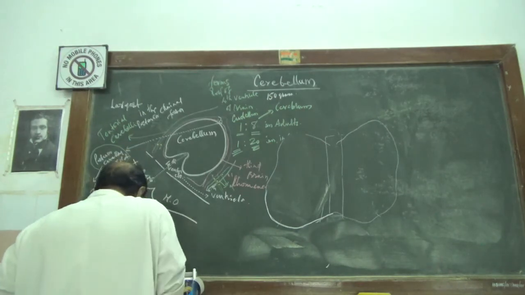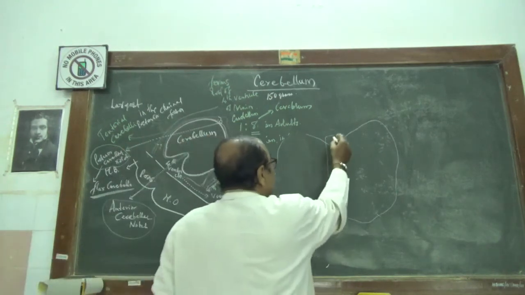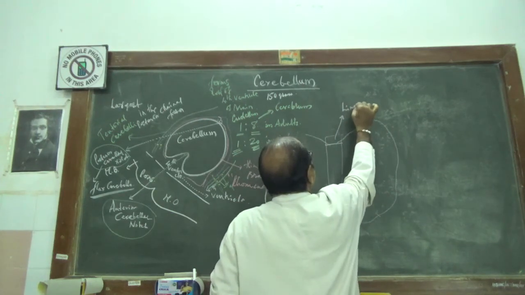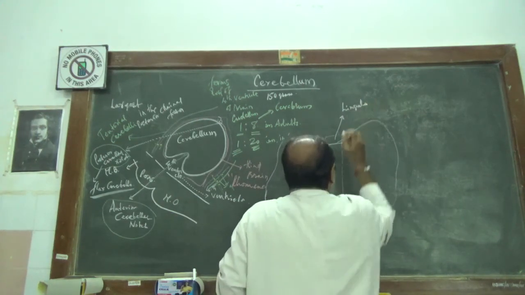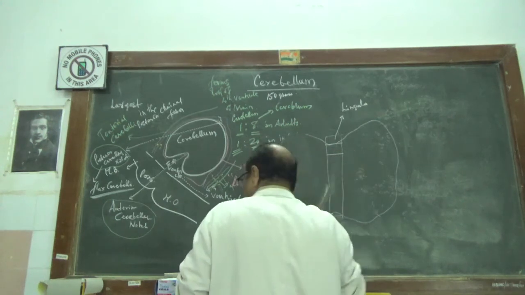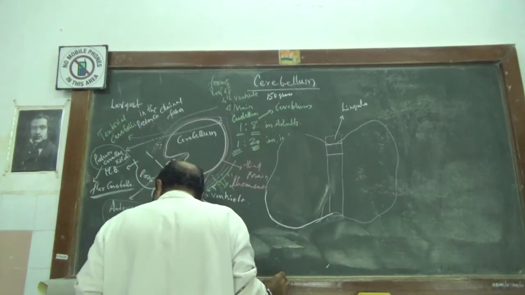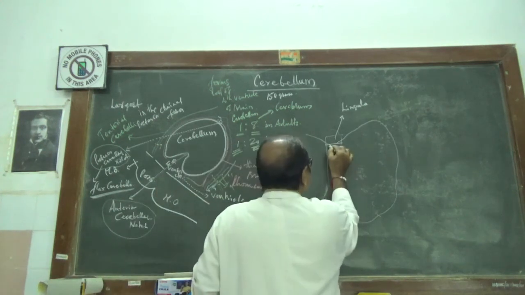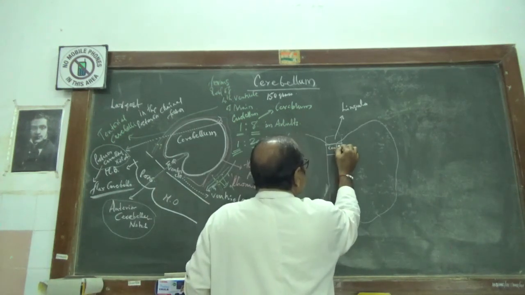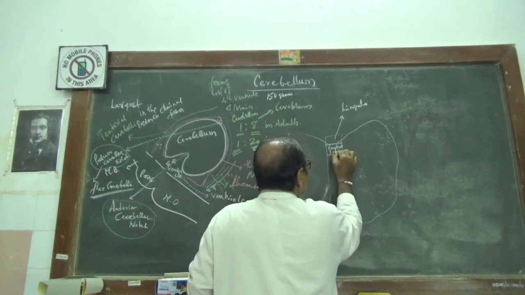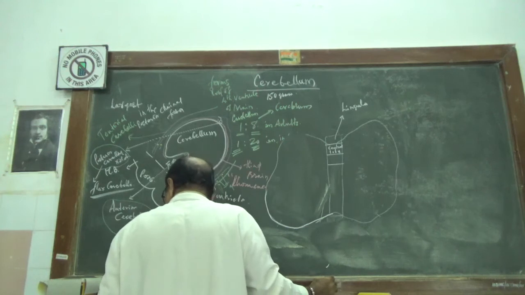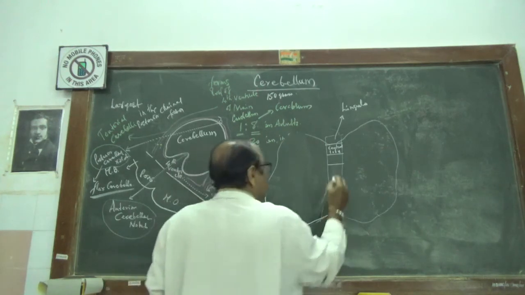Now we have to go to the vermis. This part is called the lingula. This part, for understanding purposes, is the central lobule.